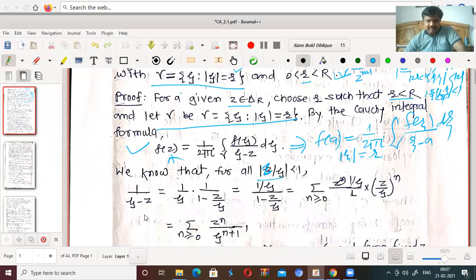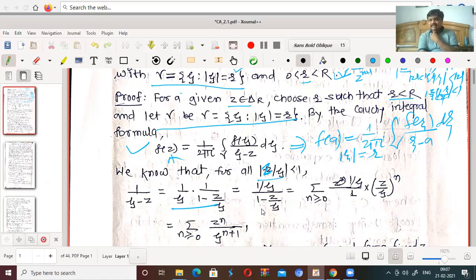So 1/(ξ − z) can be written as (1/ξ) · 1/(1 − z/ξ), which is just a representation of this one. If I take 1/ξ common, what about this? (ξ − z)/ξ, ξ cancels, we get ξ − z. That can be written as (1/ξ)/(1 − z/ξ).